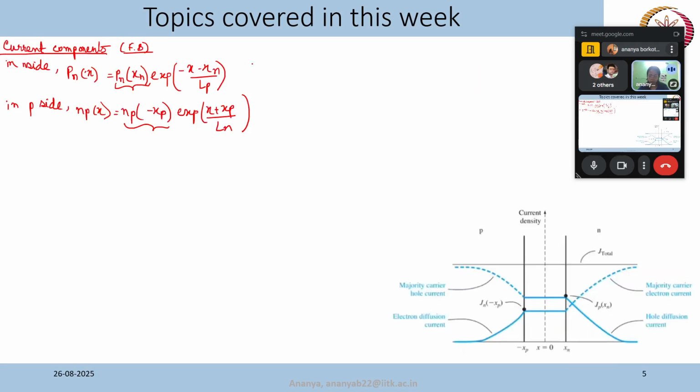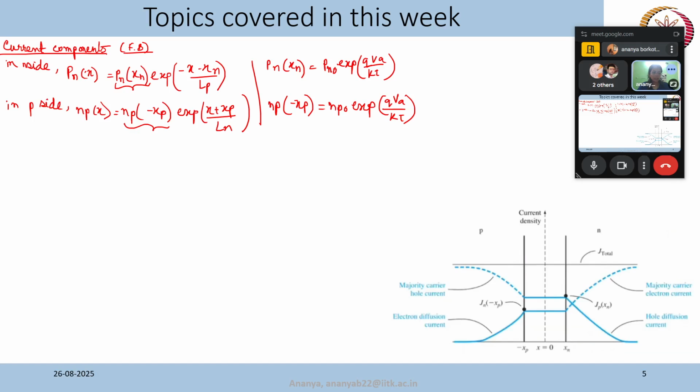So Pn(xn) is Pn naught exponential of qVA by kT. Similarly, Np(minus Xp) is equal to Np naught exponential of qVA by kT. Now remember, these are our minority carriers, not excess minority carriers.